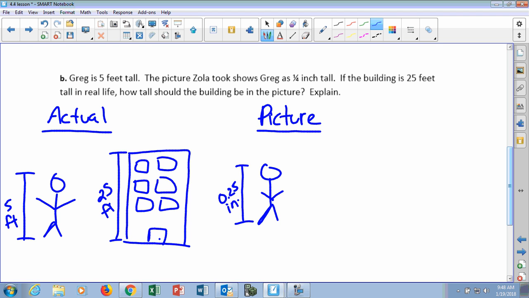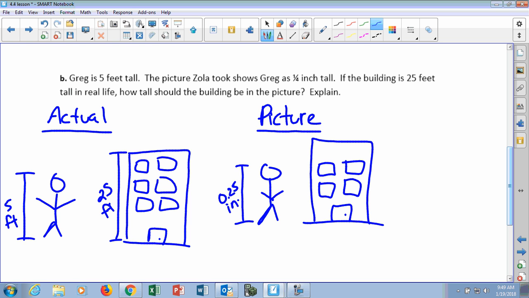Or inches, I mean, because he's tiny. Okay? So what we're going to have to figure out then is how tall should the building be in the picture? So if here's the building in the picture, I know, I'm Picasso.